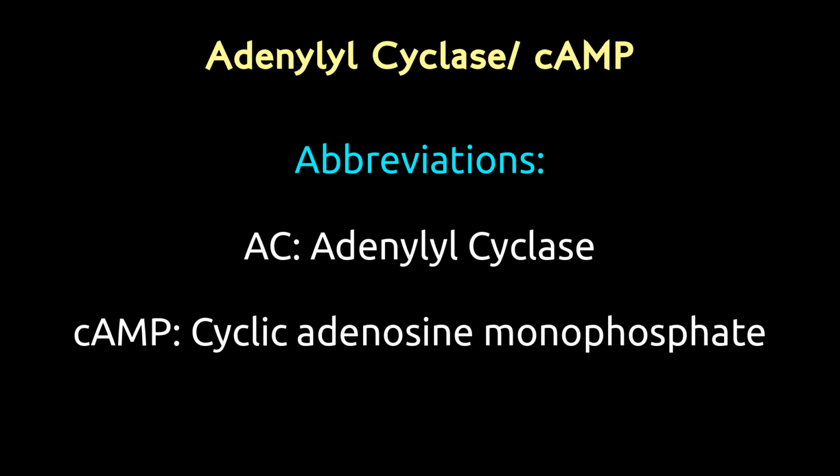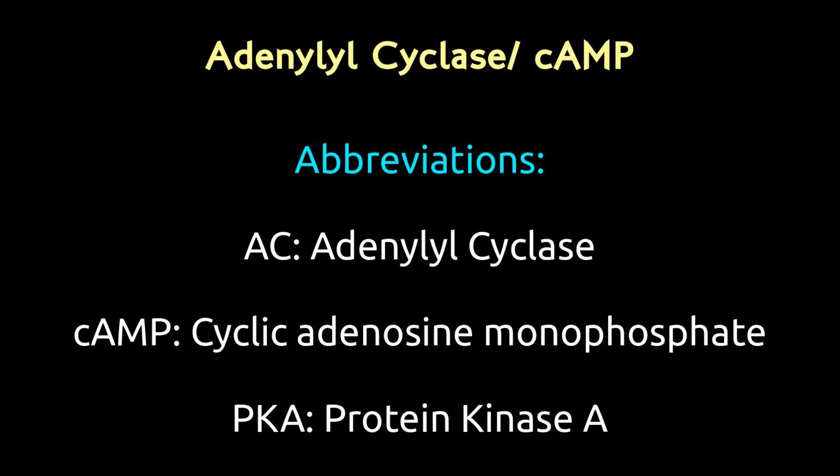But cyclic adenosine monophosphate. And then PKA, what I'm talking about here is protein kinase A. Again, an enzyme. A kinase specifically is an enzyme that is going to phosphorylate another enzyme. So we're going to stick a phosphate on another protein.